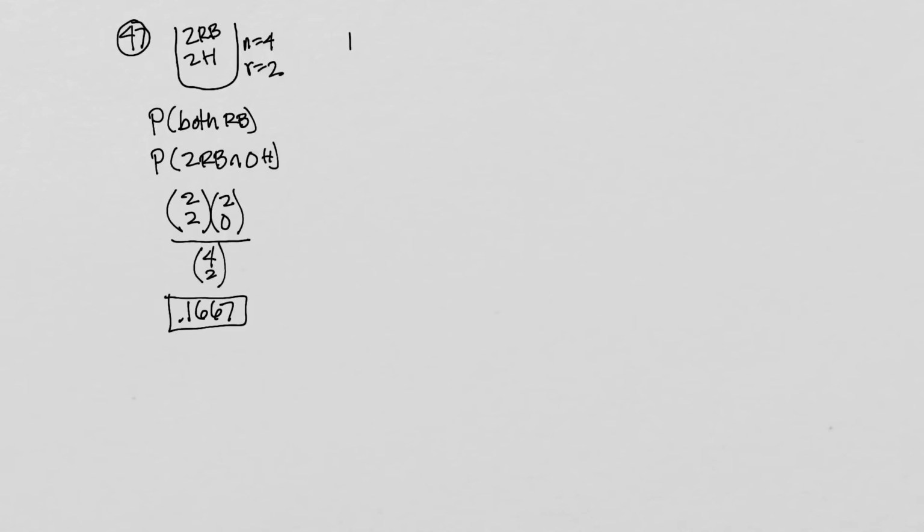The second part of the problem says, what's the probability that they are both alike? So I'll write it in English first, and then I will try to make this look like what I've got in here. So both alike must mean this, that they're either both roast beef, which we just found, or that they're both ham.